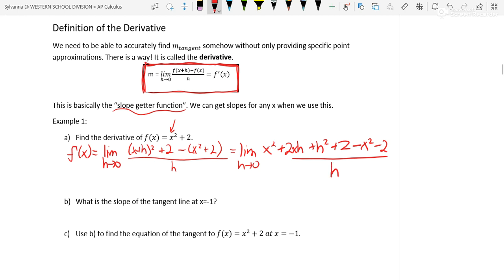So we can simplify some of the numerator terms here. I got x squared minus x squared, so that's gone. And then got 2 minus 2, and that's gone.